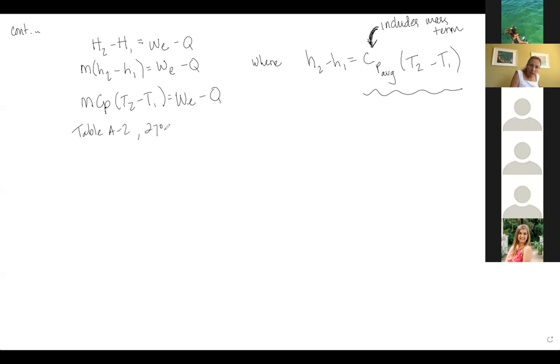And then we have 27 degrees Celsius plus 273 degrees Kelvin, and this is equal to 300. I should have done that in my head. 300 Kelvin. So now we can just go to 300 Kelvin over to nitrogen, and we can see that our Cp, our specific heat at a constant pressure, which is what we want here, is 1.039 kilojoules per kilogram Kelvin.